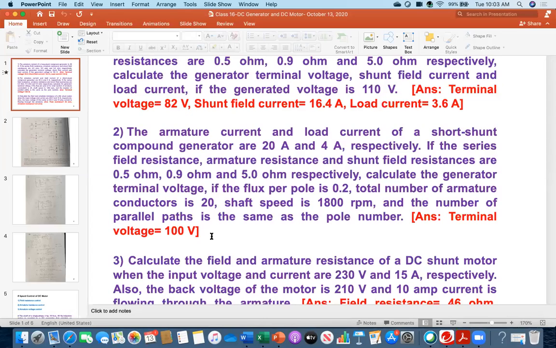So, Alex, did you get this result, 100 volts? Yes, I did. Sorry, I put it in the chat. I ended up getting the 100 volts. Okay, fine. Thank you. So is everybody fine with 2 or still doing it? Should I move to 3 or do you still want to work on it?